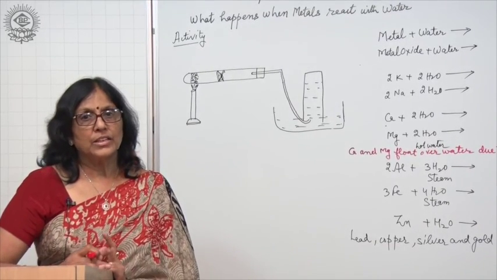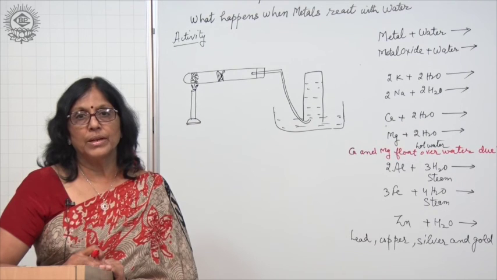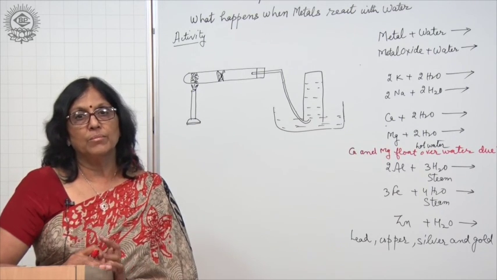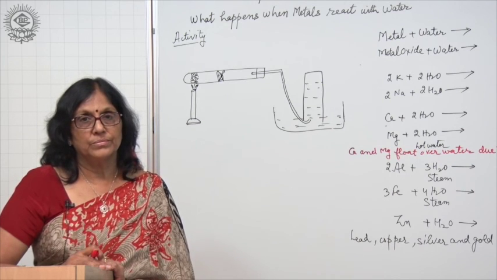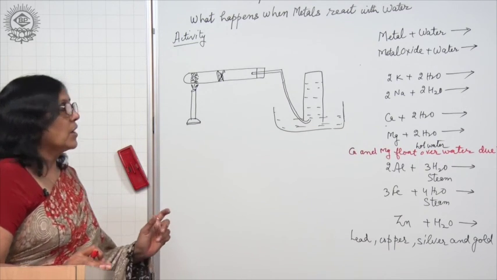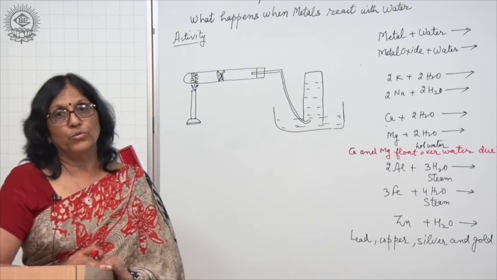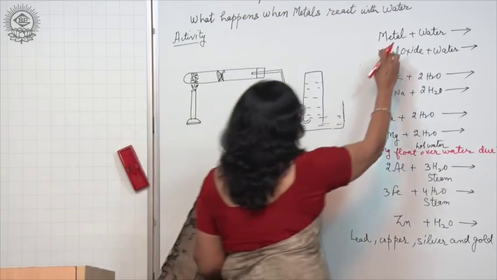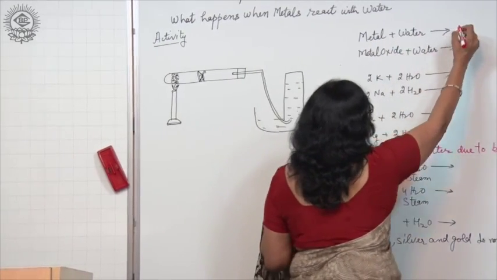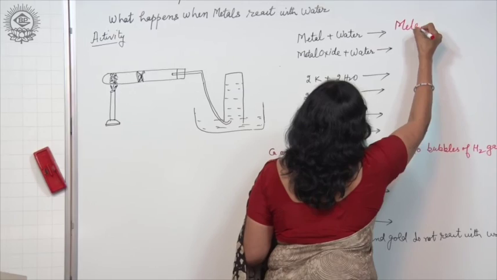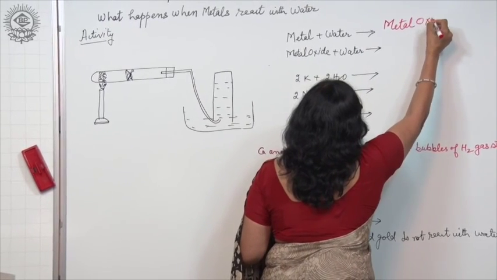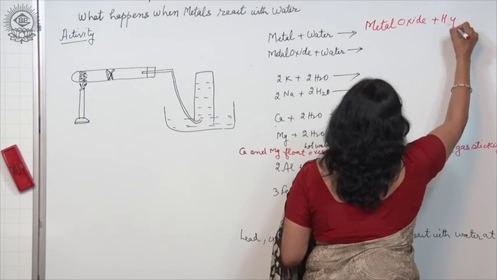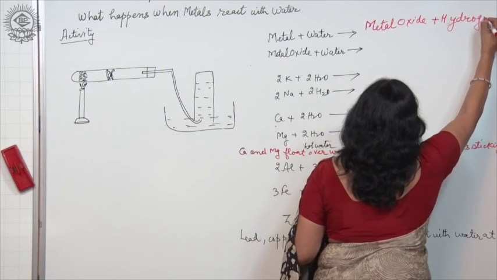A lot of heat is evolved, due to which the hydrogen gas liberated catches fire immediately. Some metals react with cold water, some metals react with hot water, and it has been found that some metals react with steam. So, let us see which metals react with cold water and how the metals react. Metals react with water to form metal oxide and hydrogen gas is liberated.